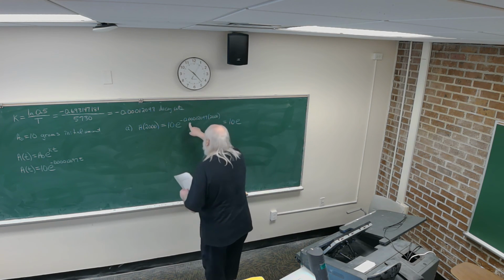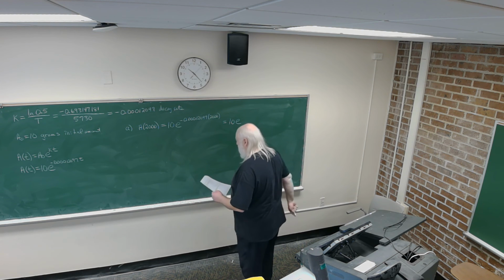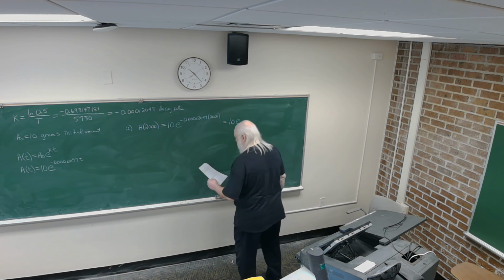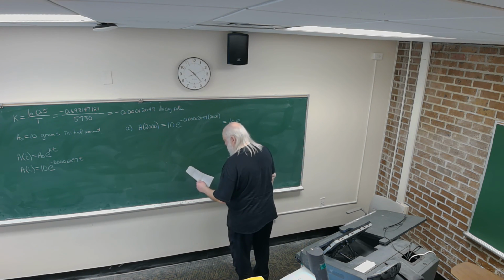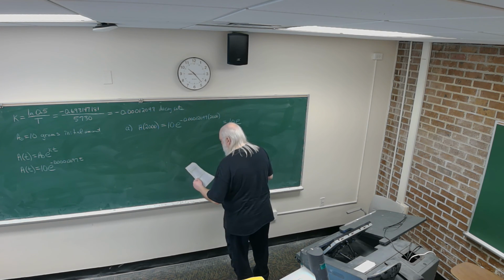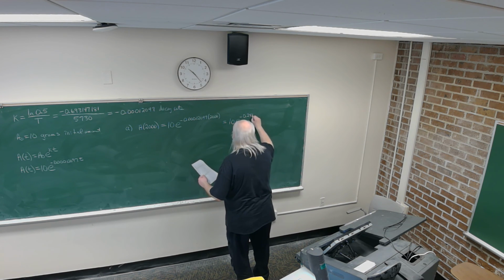When you multiply the decay rate times 2,000, you get minus 0.24194.